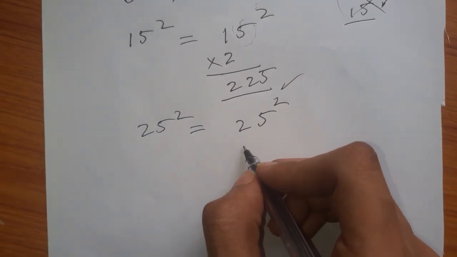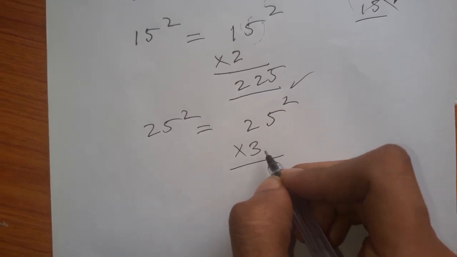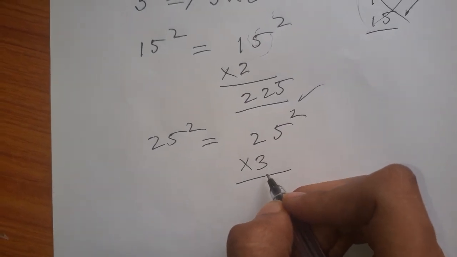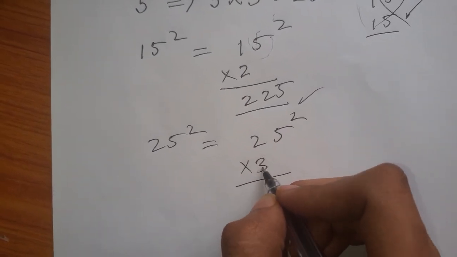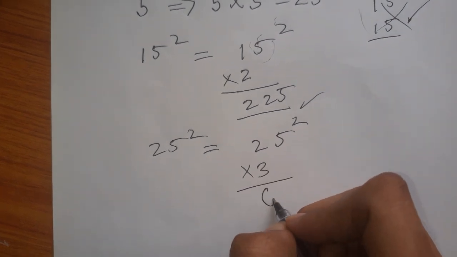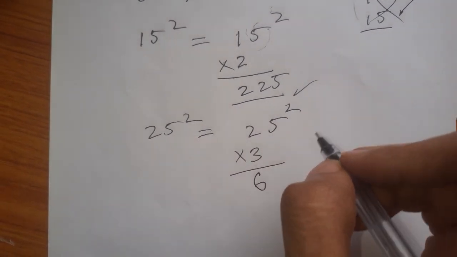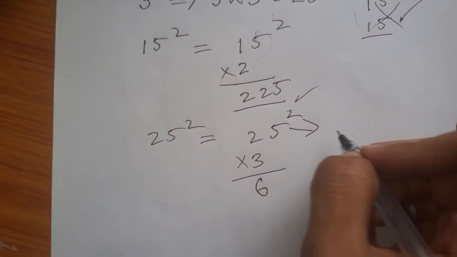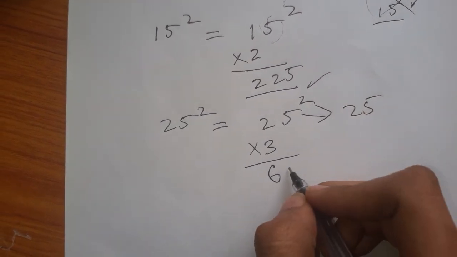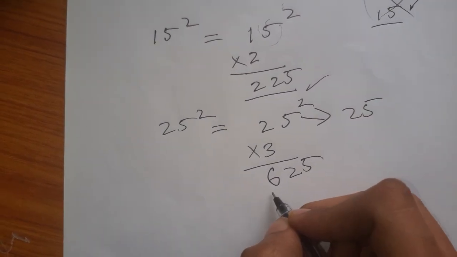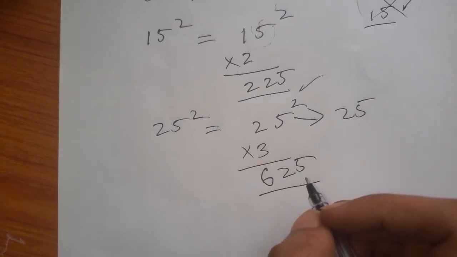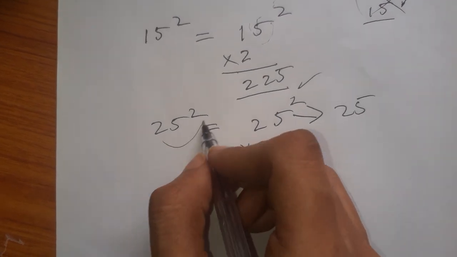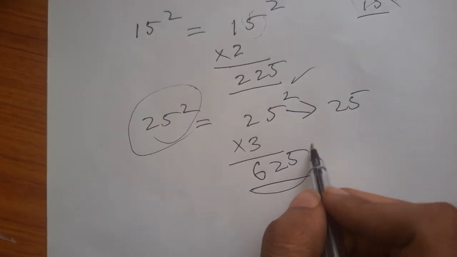It is 25. Now the next number after 2 is 3. 3 twos are 6. Write down 6. And what is the square of this 5? It is 25. The total answer is that the square of 25 is 625.